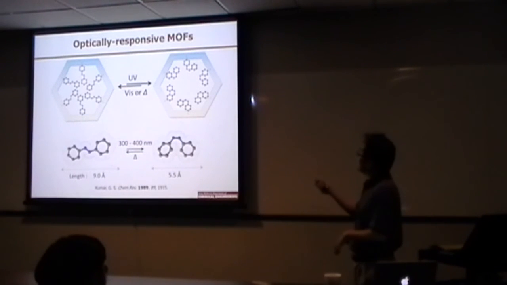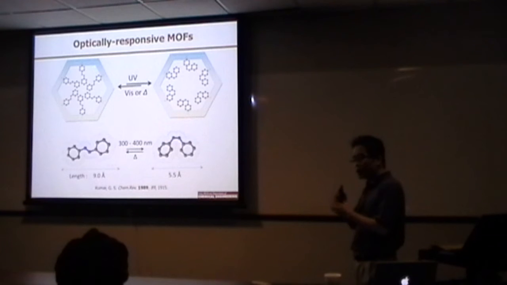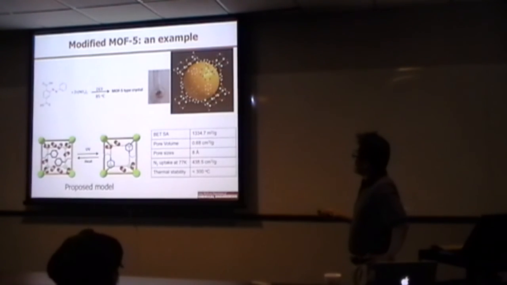Then you can modulate not only the size, but also the sites the gas molecules can get access to. So this is the actual material that they have synthesized, and this is a great illustration. CO2 and N2, CO2 in this case is adsorbed.